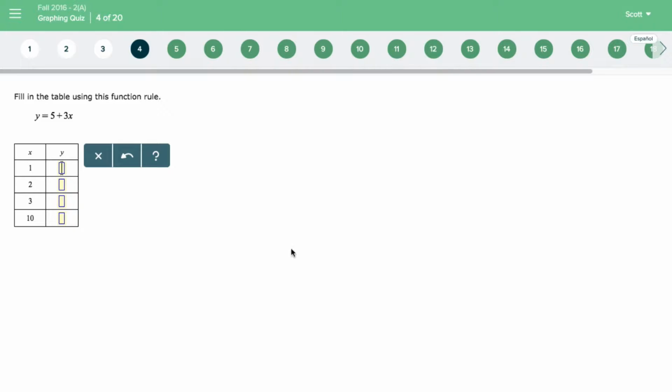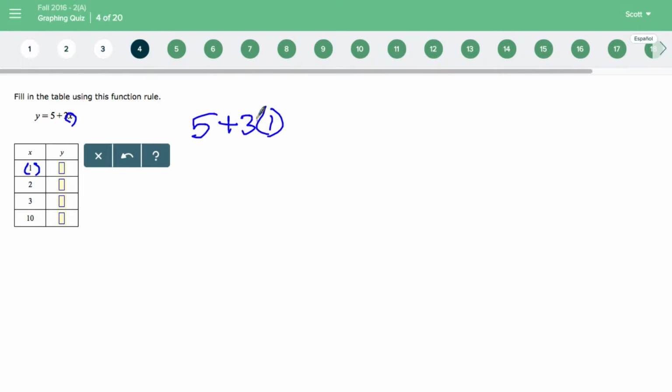Number 4, it just simply wants you to plug these numbers in for x. Okay, so we're going to go through and say, all right, we have 5 plus 3 times 1. We're just going to plug in that first one right there in for x.